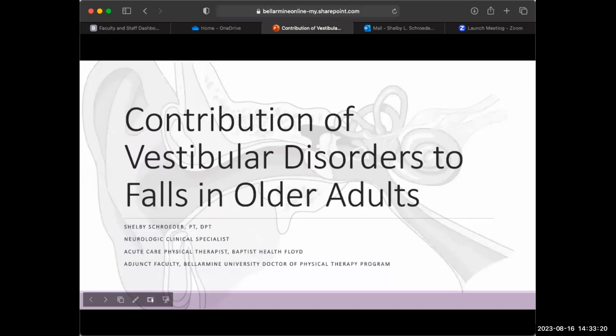And some more details here. So these are some things that also might contribute to falls risk. Older adults sometimes have postural deformities like forward head or rounded shoulders that can pitch their center of gravity more forward. Looking down at the floor, all those things can increase their falls risk. Cognitive function, if they have any difficulty with their cardiovascular system, if they have arthritic pain or changes in their vision or hearing.